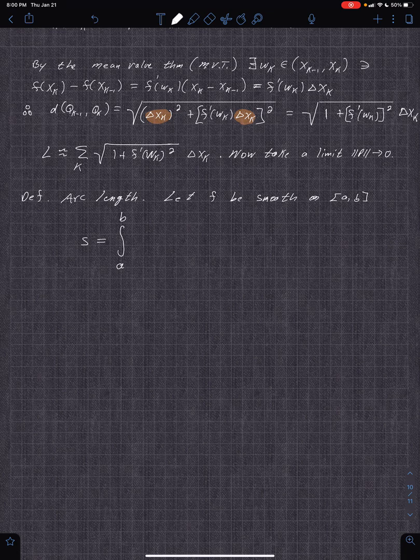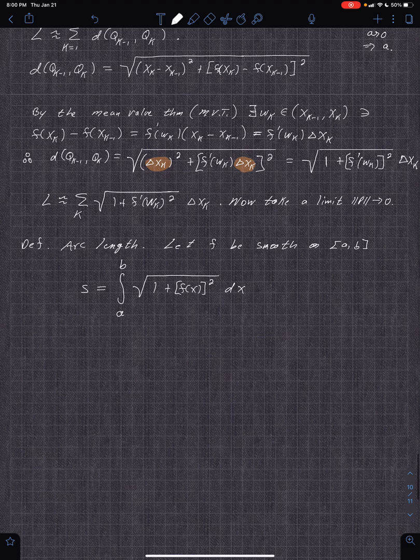So the integral, and then you get the square root of 1 plus f of x squared dx. And that's it. Oops, f prime of x.